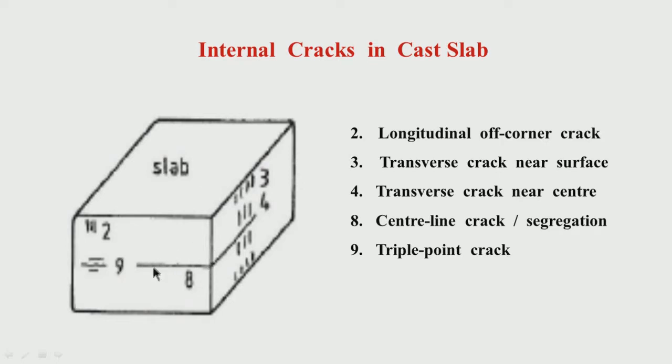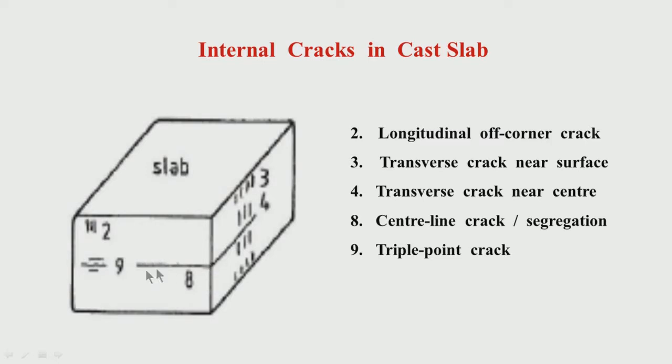There is solidification shrinkage, and moreover this area has too much of segregating elements because of high segregation. It has impure elements, and purity is relatively less here. So this area is relatively weak.